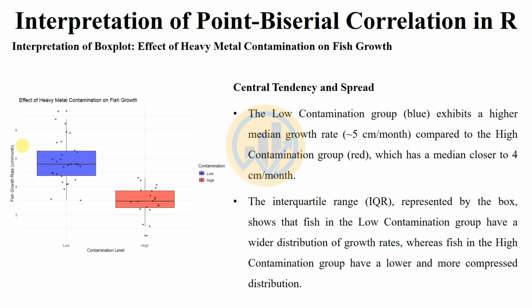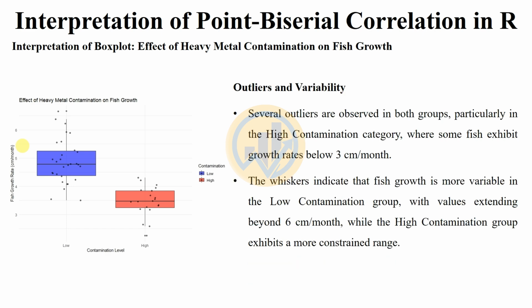The interquartile range (IQR), represented by the box, shows that the fish in the low contamination group have a wider distribution of growth rates, whereas fish in the high contamination group have a lower and more compact distribution. Outliers and variability: several outliers are observed in both groups, low and high, particularly in the high contamination category, where some fish exhibited growth rates below 3 cm per month.